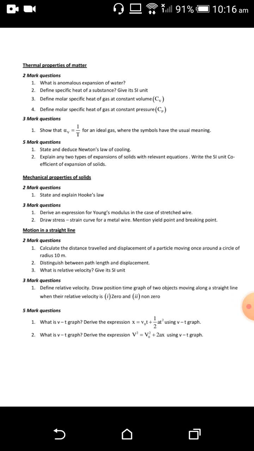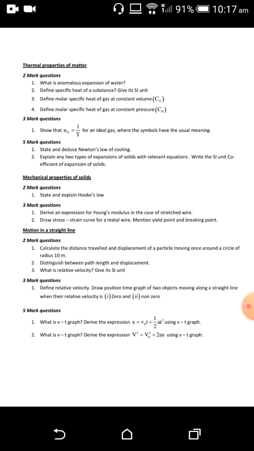It is defined as the quantity of heat required to raise the temperature of 1 mole of a gas by 1 Kelvin, keeping volume constant. The amount of heat required to raise the temperature of 1 mole of gas by 1 Kelvin, keeping volume constant, is defined as molar specific heat at constant volume.